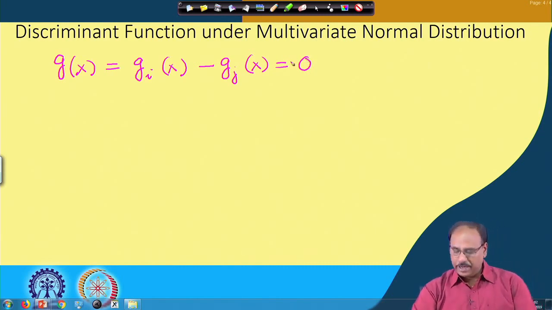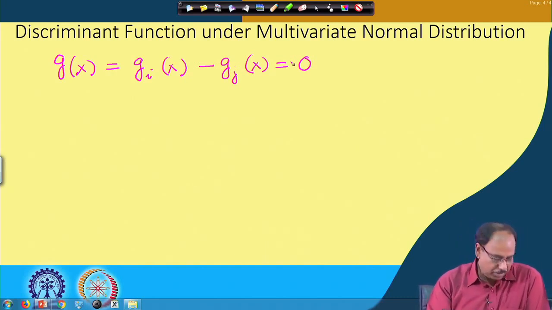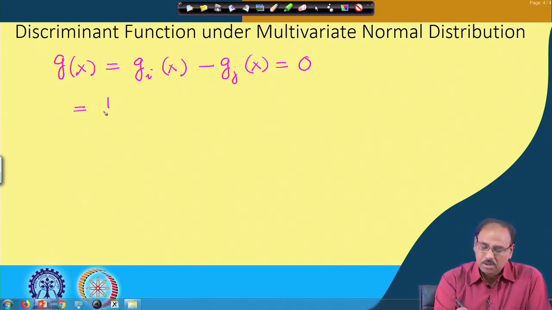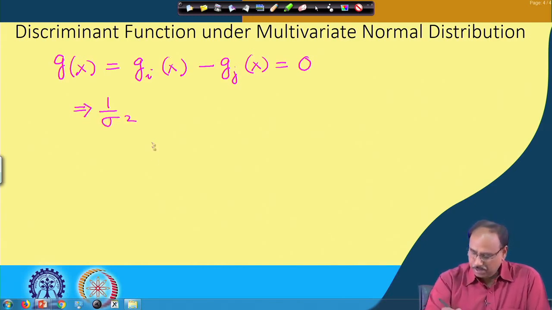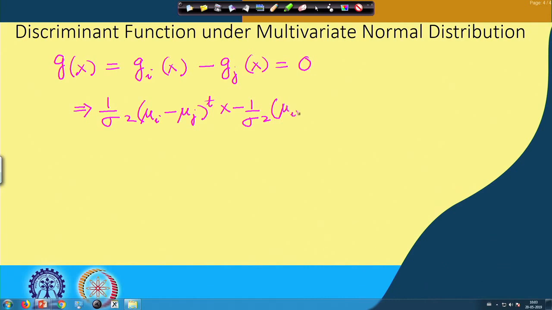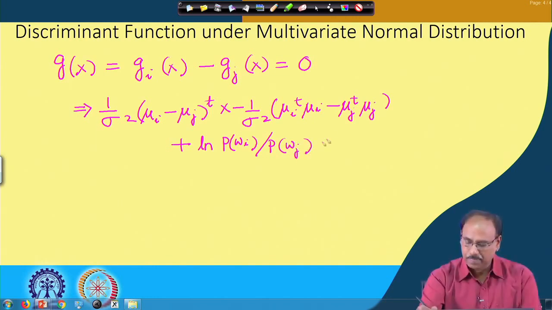So, our expression will be g x is equal to g i x minus g j x, which will be equal to 0, and just from the expression of g i x that we have obtained, you can find that g i x minus g j x will be simply given as 1 upon sigma square into mu i minus mu j transpose x minus 1 upon sigma square mu i transpose mu i minus mu j transpose mu j plus log of p omega i upon p omega j, that will be equal to 0.